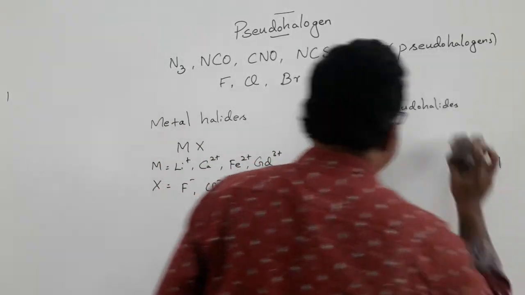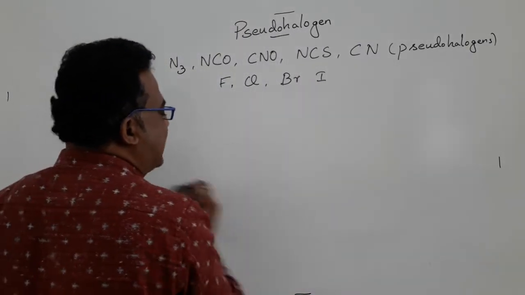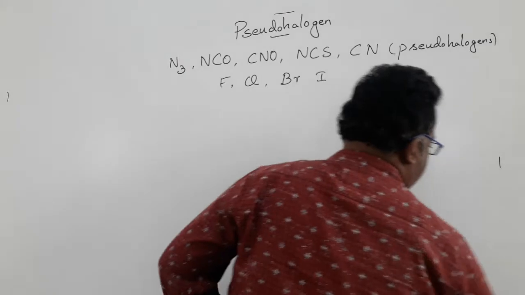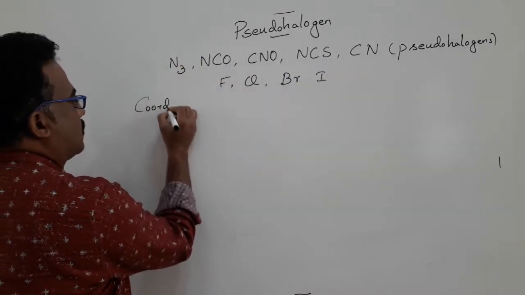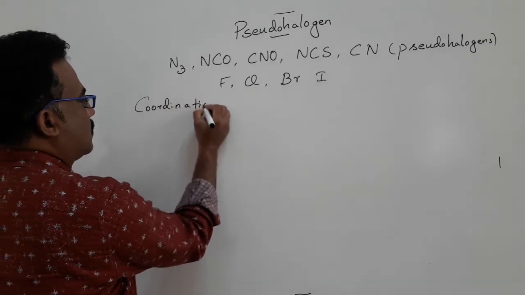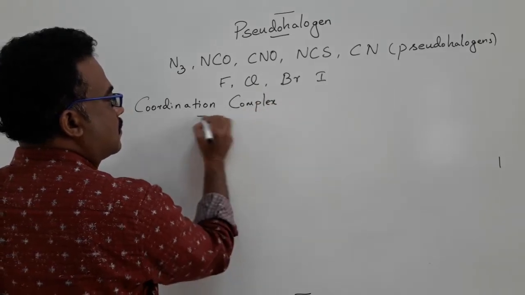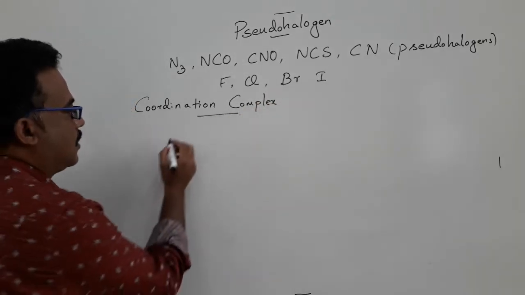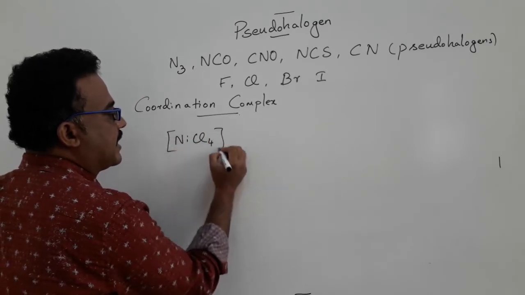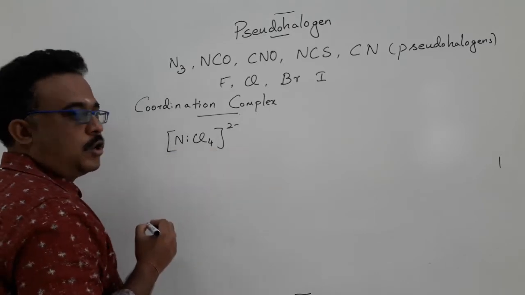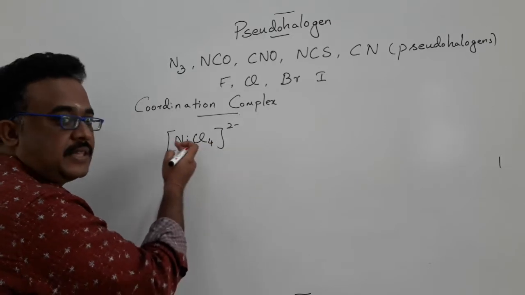Third one, formation of coordination complexes. Tetrachloronickelate, NiCl4 2 minus: the chloride ion has the ability to form coordination complexes with nickel ions.